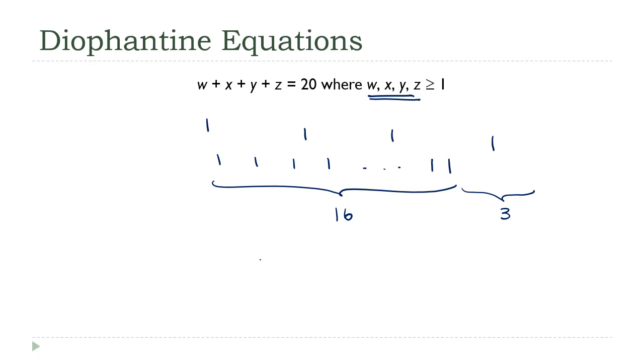Okay, so now I can answer the question. I have 19 spaces to choose from, and I have to choose 3 of them to get those dividing lines. The number of ways I can do that is 19 choose 3. And if you go to your calculator, this comes out to 969 possible solutions to this equation.